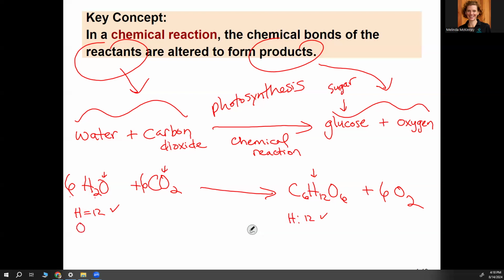So that means we have 6 plus 12 equals 18. Over here we've got oxygen. We're going to count them up. We've got 6 in the glucose, and then we've got 6 times 2, which is 12, in the oxygen gas. So we've got 6 plus 12 equals 18, so that's the same. The last we just want to check is carbon. So carbon on the left, we've got 6, and carbon on the right, we've got 6. So this is balanced. All right.